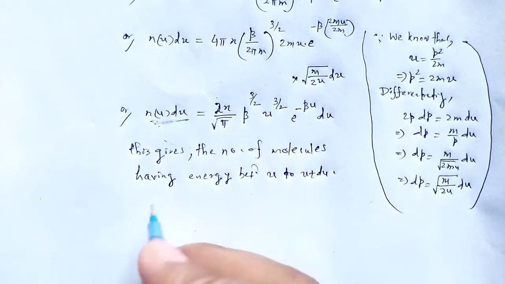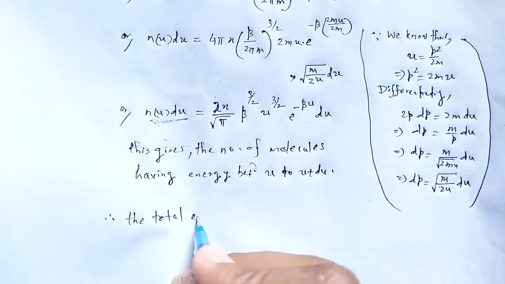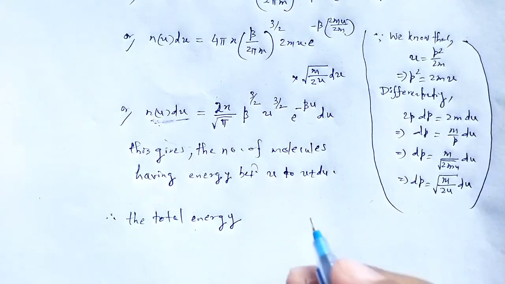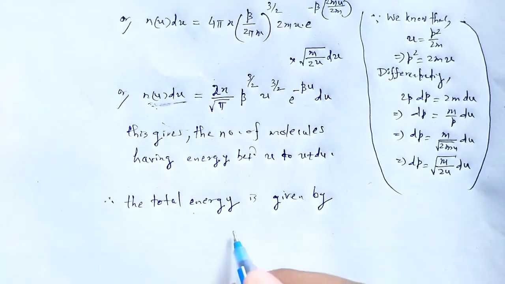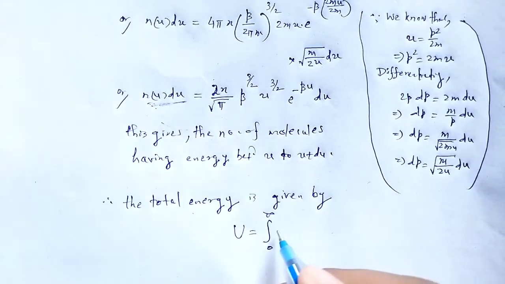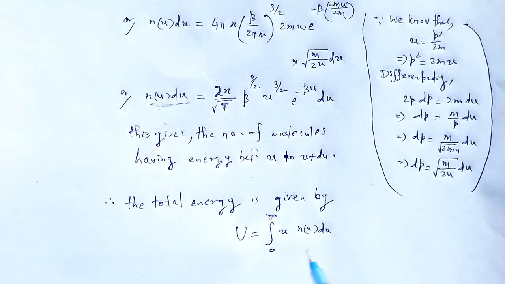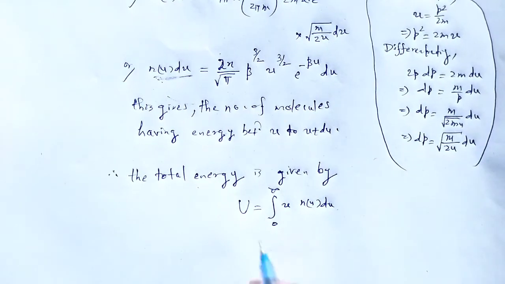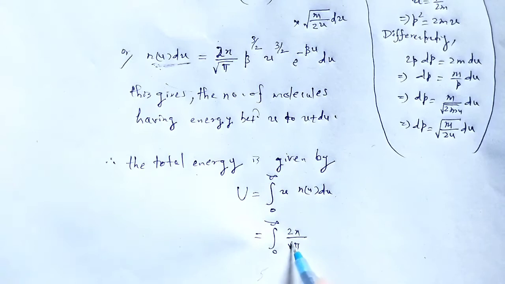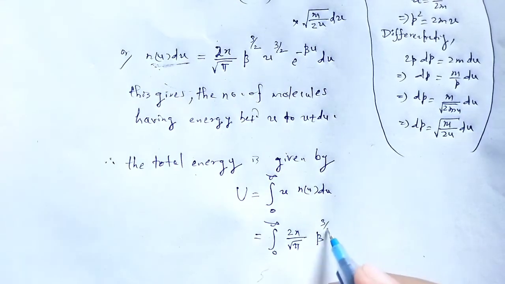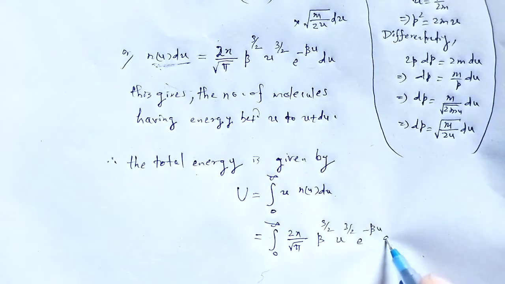To integrate that one, therefore the total energy is given by U is equal to the integration from 0 to infinity of u n(u)du, that is the integration from 0 to infinity of 2N by root pi, beta to the power 3 by 2, u to the power 3 by 2 e to the power minus beta u du.